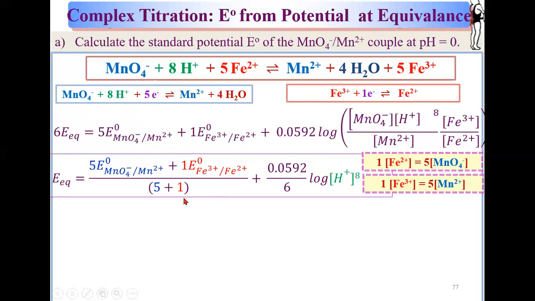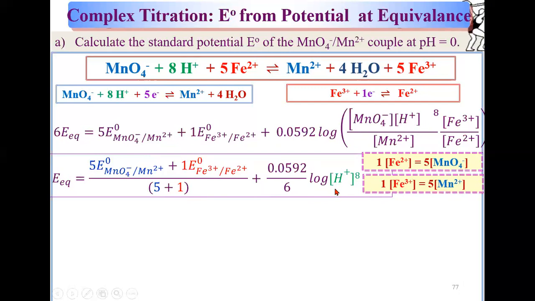So that was if it were a simple case, with no H plus in solution. Now, because I have an H plus term in solution, I have to add a factor, which is plus 0.592 divided by 6 log of, and because I have a plus sign here, remember, it's reactants divided by products.